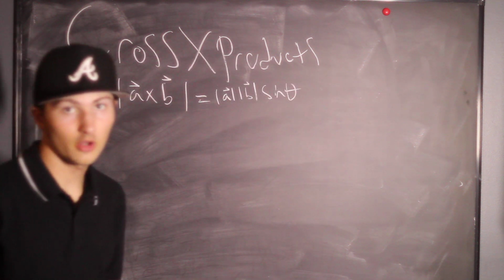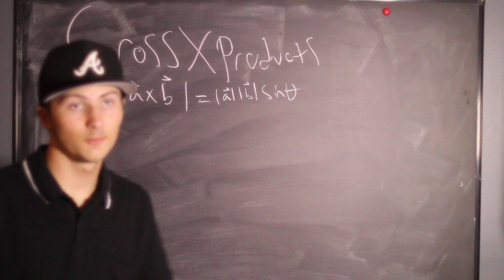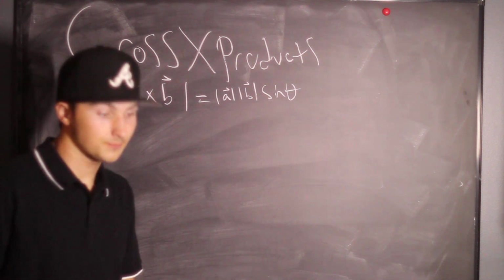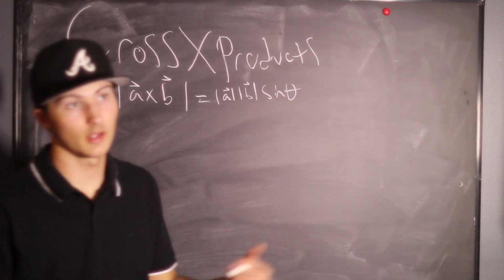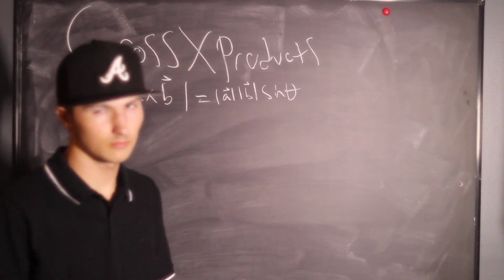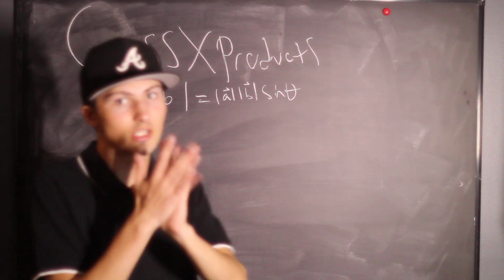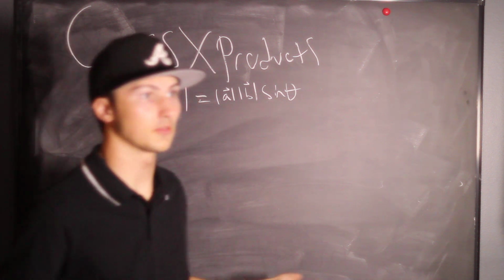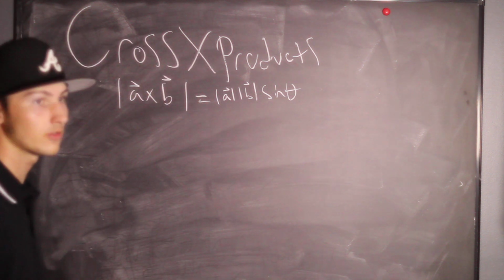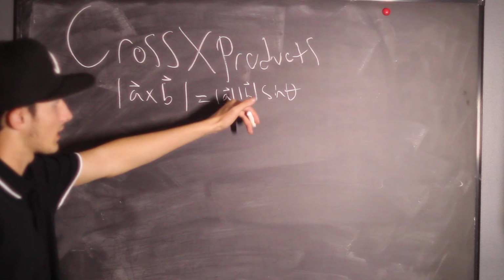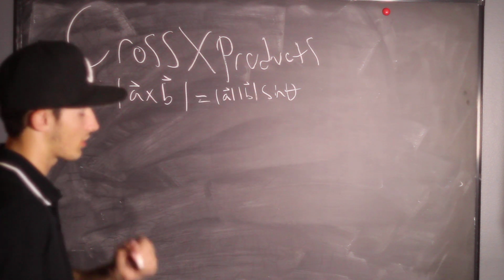So it values orthogonality, because remember, sine maxes out at pi over 2 and negative pi over 2. That means if the vectors are the same, your cross product is going to have a magnitude of 0. And if they're orthogonal, it's going to have a magnitude that is just their product.